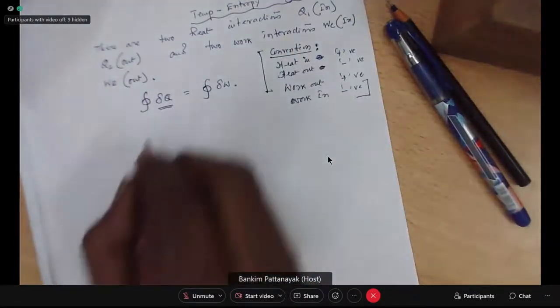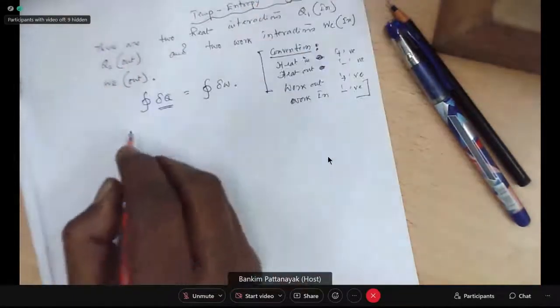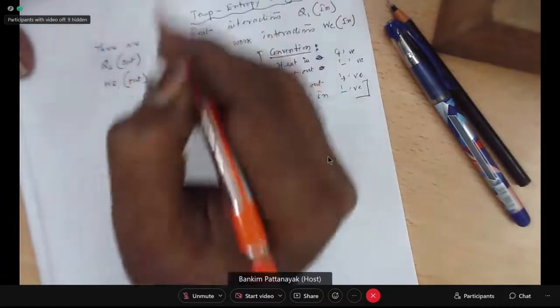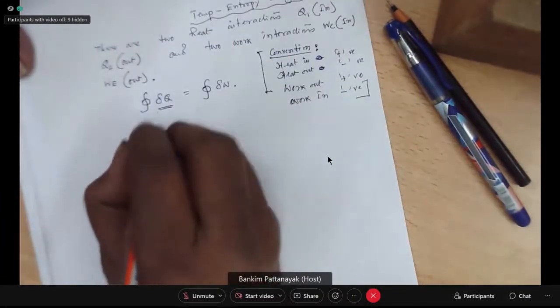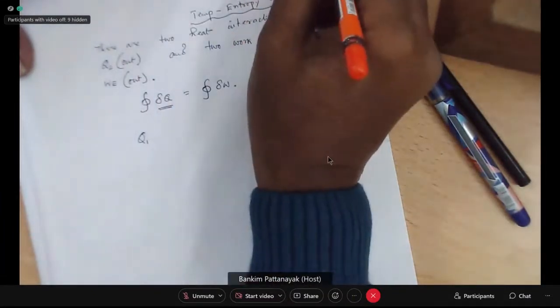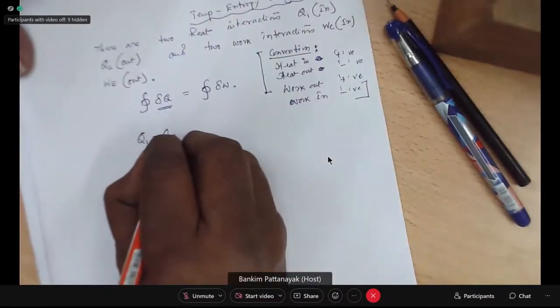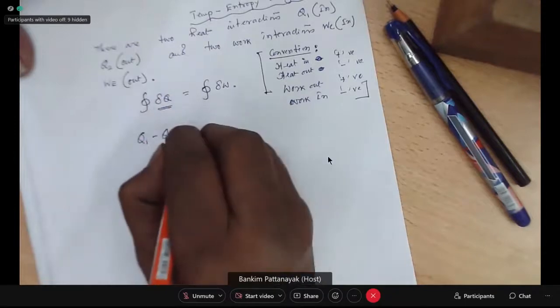This is the convention. So now, what are the two heat interactions? Heat into the system is positive, therefore Q1. Heat out of the system is negative, that means minus Q2. This is the cyclic integral of del Q.